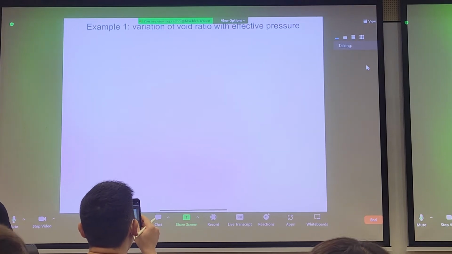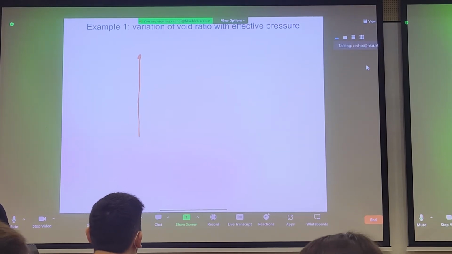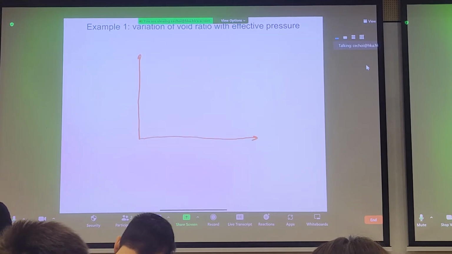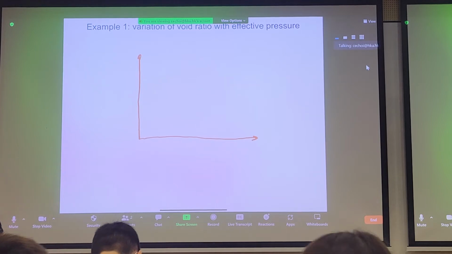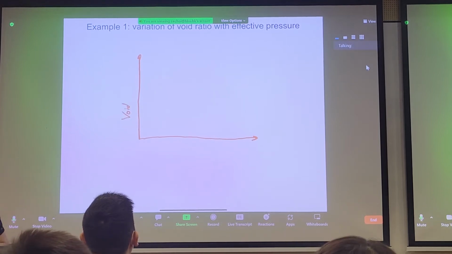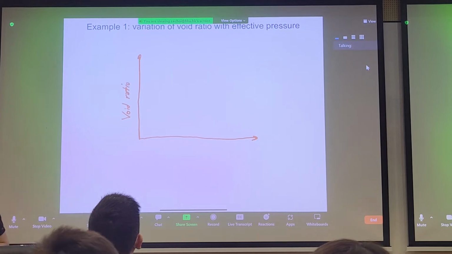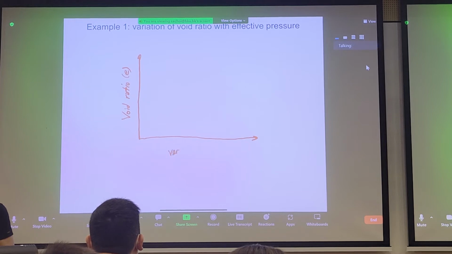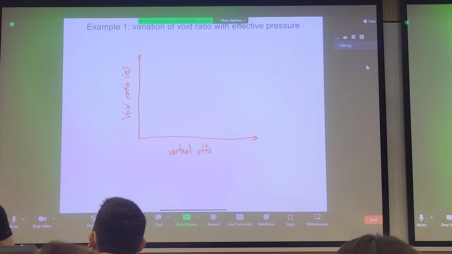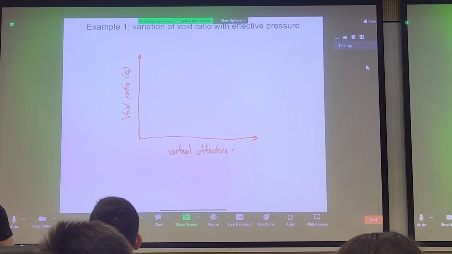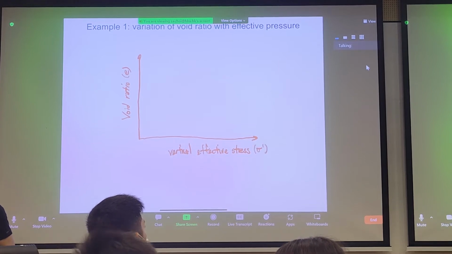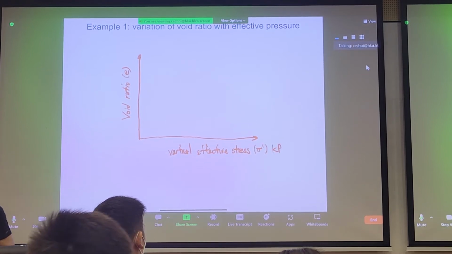Right, so with that tabulated data, and if you have graph paper, you can plot void ratio, given as e, versus vertical effective stress, which will be in Pascal.